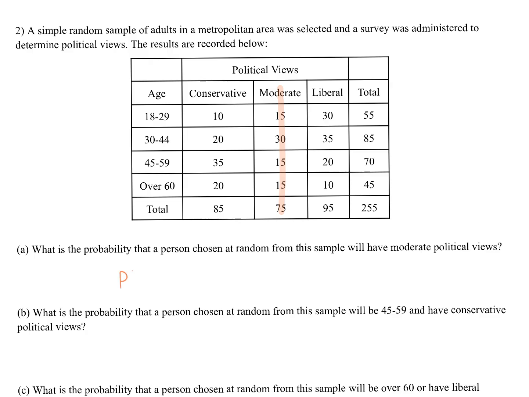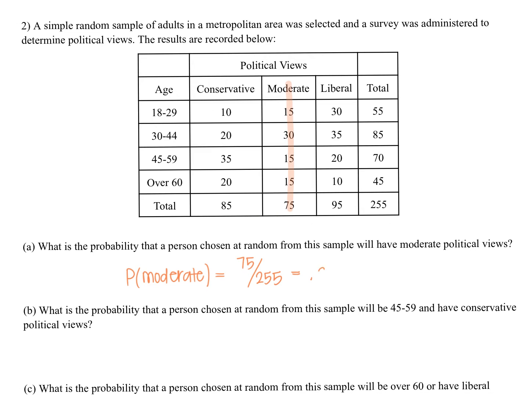So the probability of moderate is going to equal 75 over 255. Now, I don't require that you simplify fractions that are this large. You can either leave it as that or you can give me a decimal, which in this case is 0.29141.